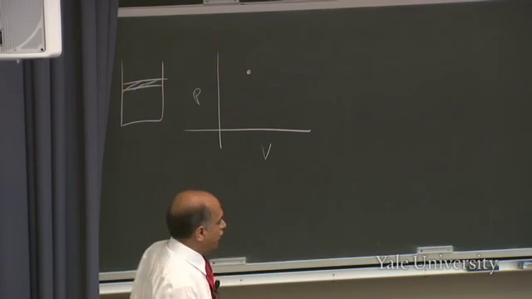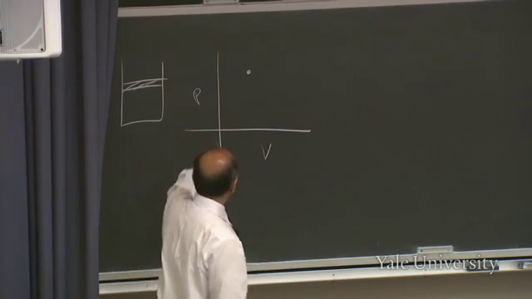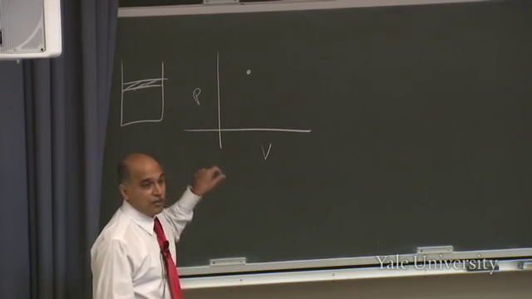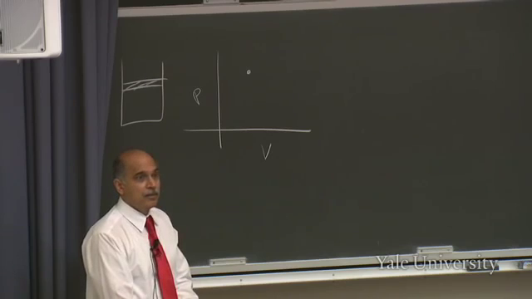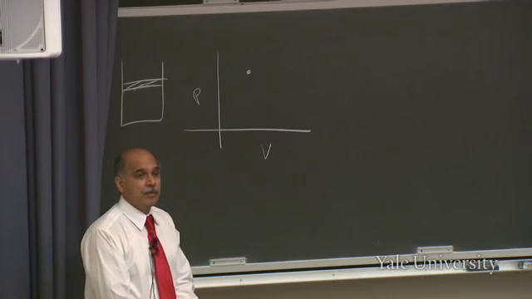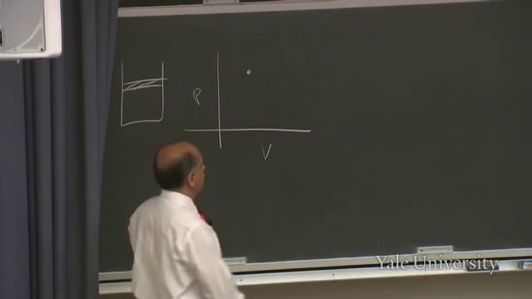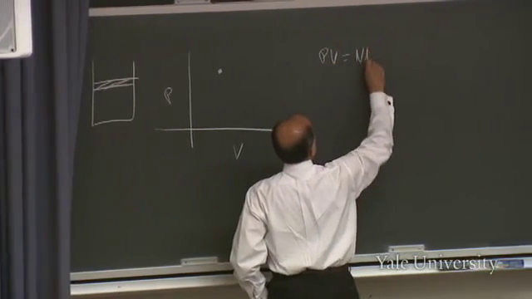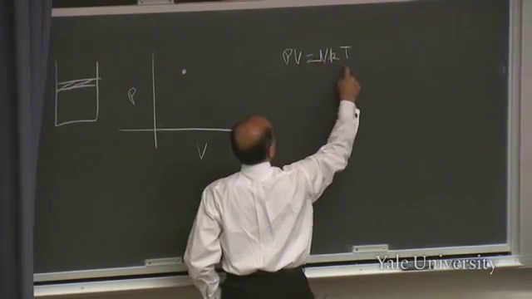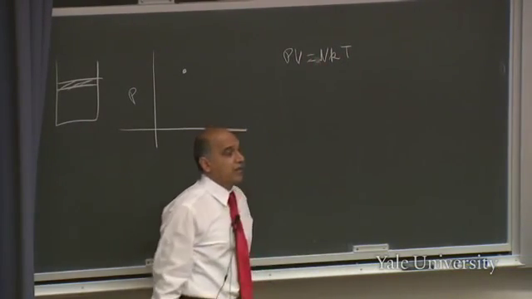Now you might say, what about temperature? Why don't I have a third axis for temperature? Why is that also not a property? Yes? The pressure and volume uniquely determine the temperature. Yeah, because PV equals NkT, I don't have to give you T if I know P and V. It's not an independent thing you can pick.